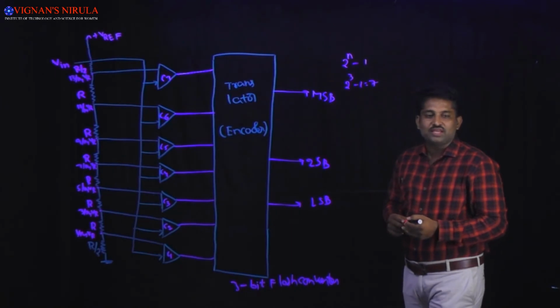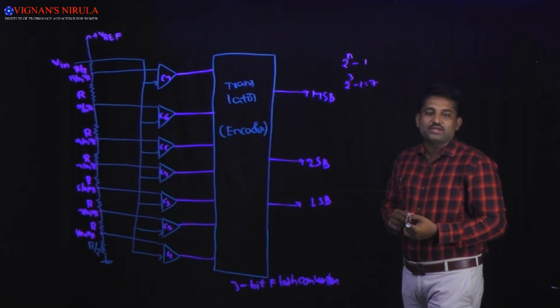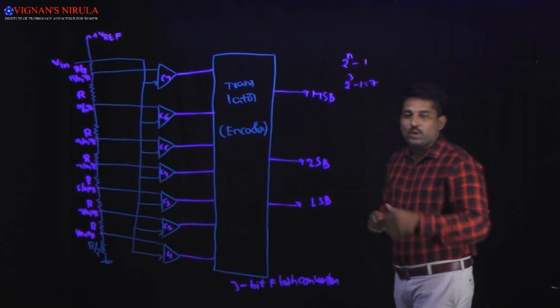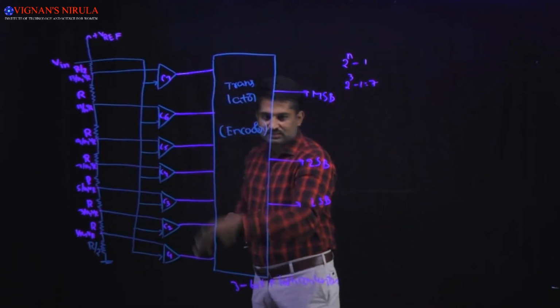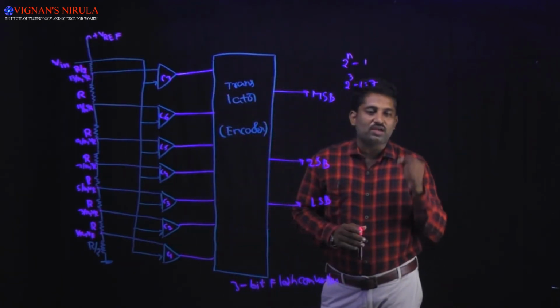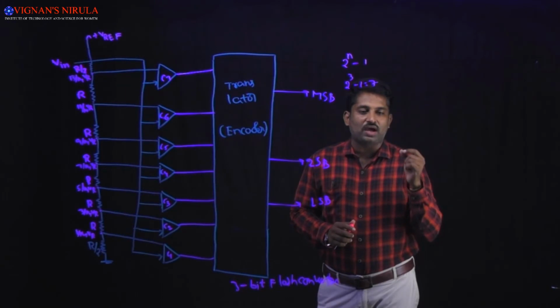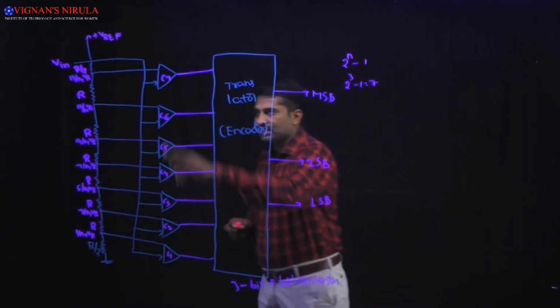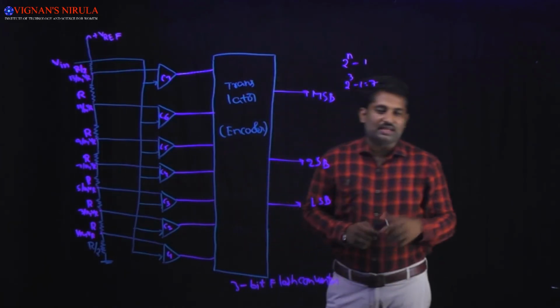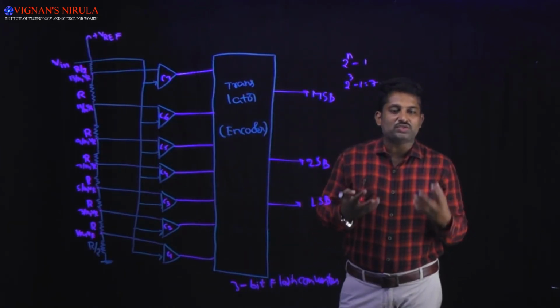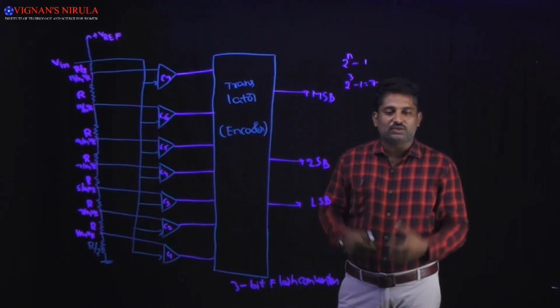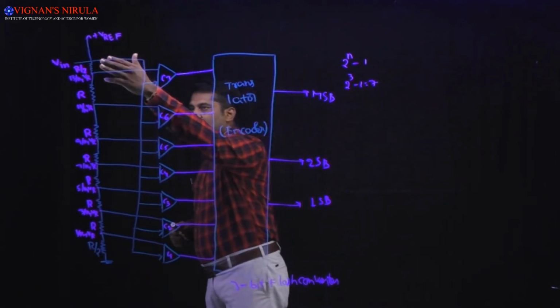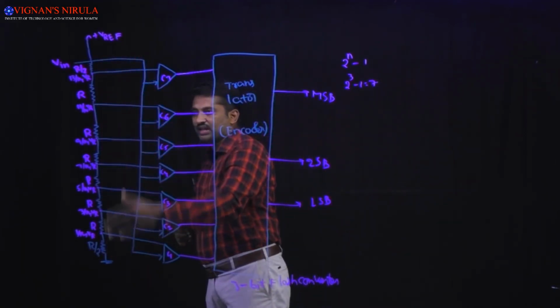So for the 3-bit flash type A to D converter, we require 7 comparators, and one of the inputs is applied from the input terminal, and the other input is derived from the reference voltage divider network.